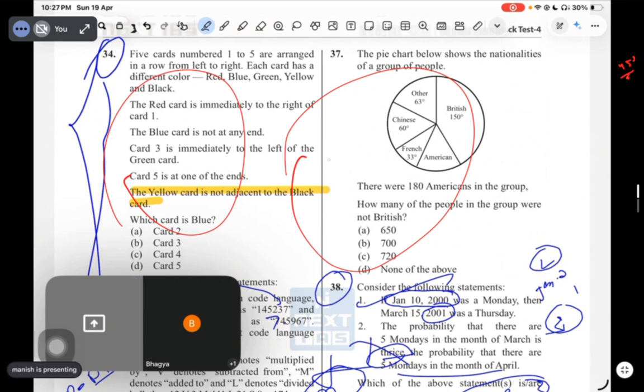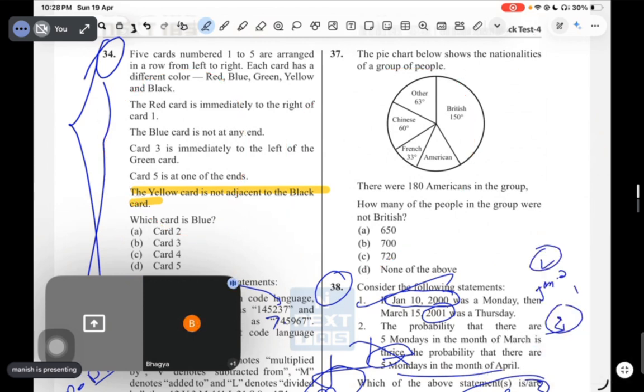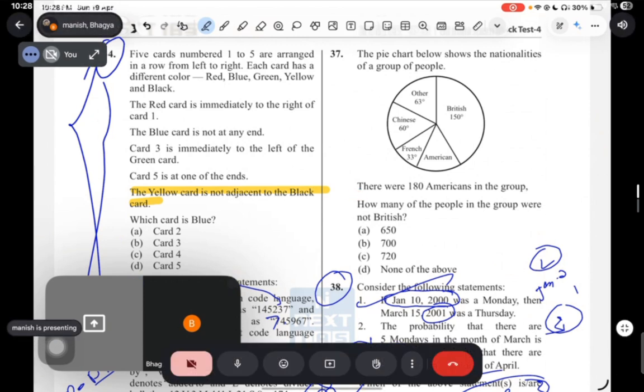In a row. The blue card is not at the end. Card 3 is immediately to the left of the green card. The color is either red, red, or red.